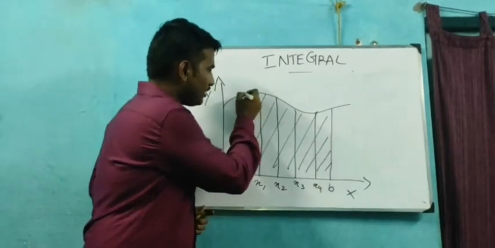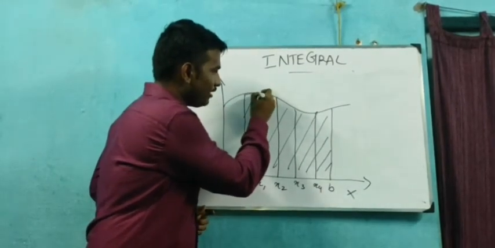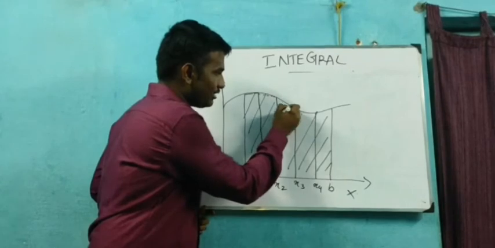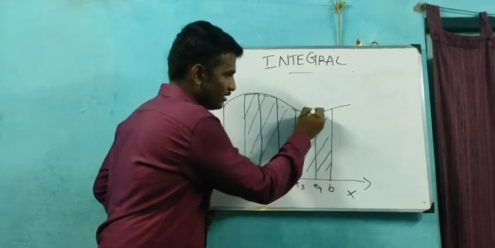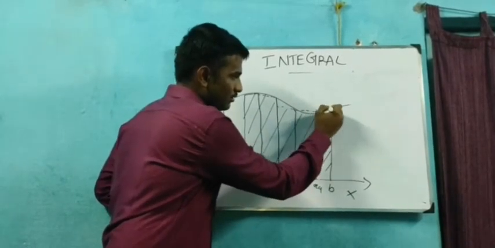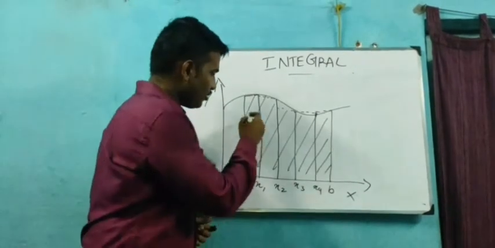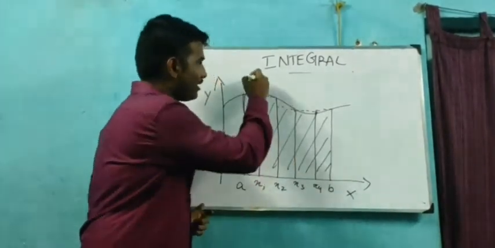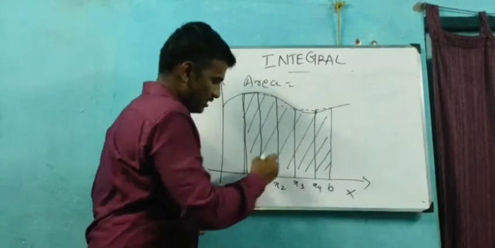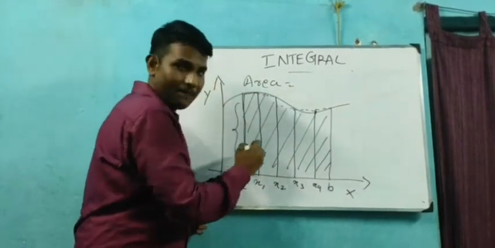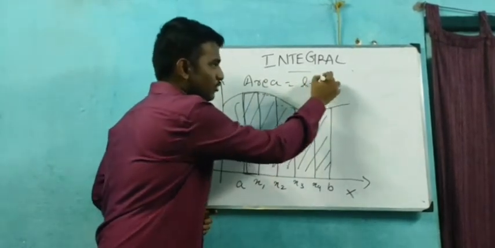If I draw here, it will be a rectangle, right? So we know the rectangle formula. What is the area of a rectangle? This is my length and this is my breadth. Area is length into breadth.